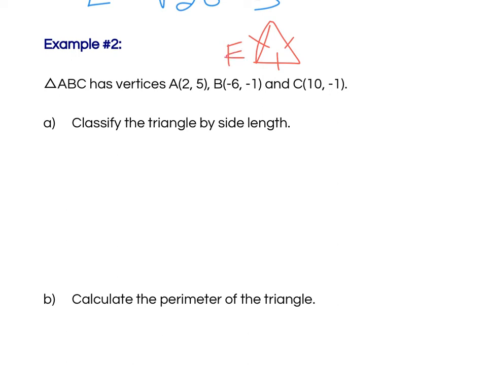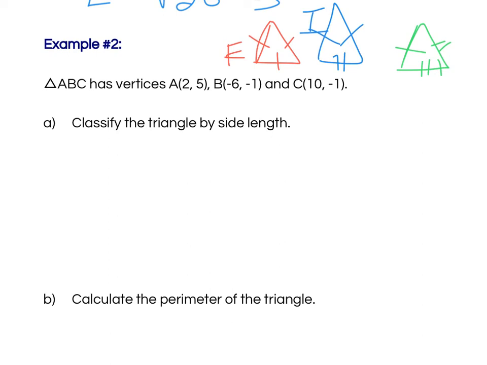If we have a triangle that has two sides the same, we call that an isosceles triangle. And if we have a triangle where none of the sides are the same, then we have a scalene triangle.